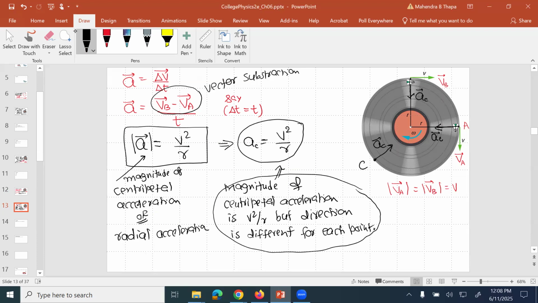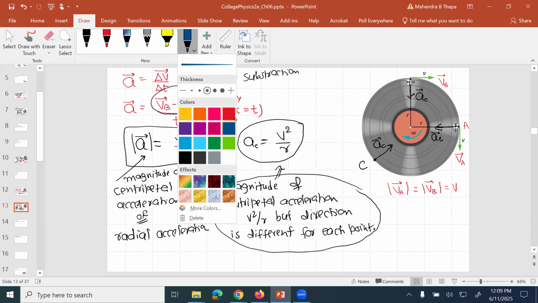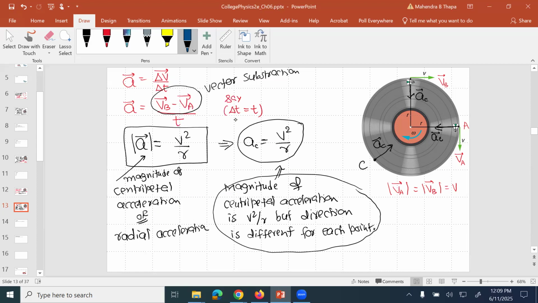This can be further simplified like that. If you want to simplify further, we can write AC equals v squared over r, where v equals r omega, as we learned in the previous module, which can be written as r squared omega squared over r.